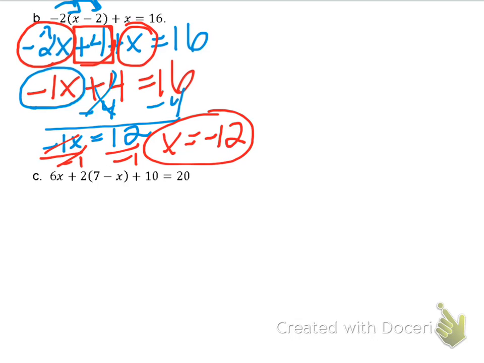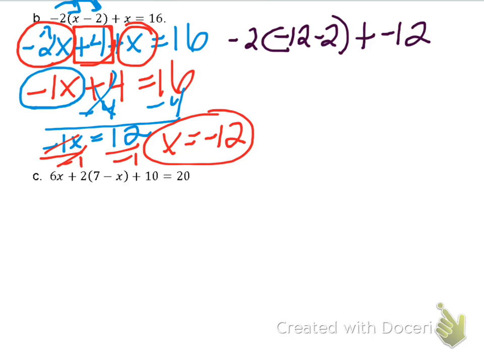And again, we need to go back and check. So we're going to start with negative 2. And then in parentheses, we have negative 12 minus 2. And then we have a plus negative 12. Now I'm not filling in what it equals because I want to make sure that what this equals is the 16. So the first thing I'm going to do is what's inside the parentheses.